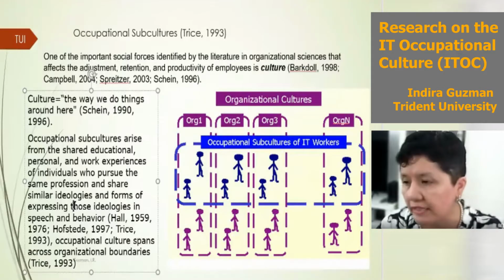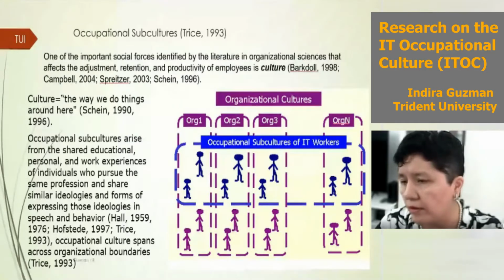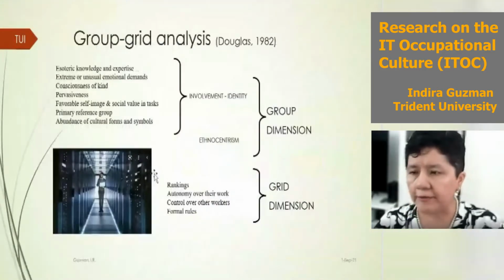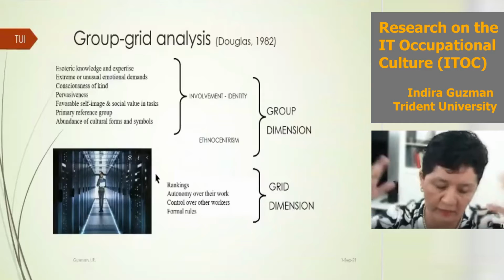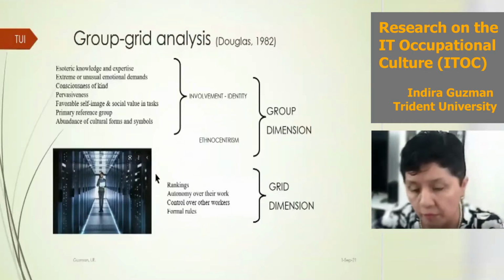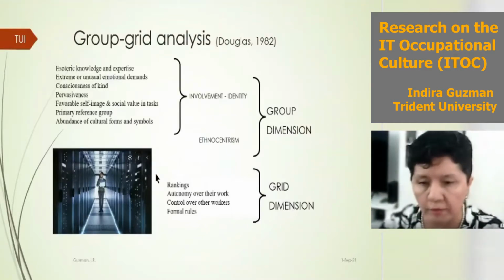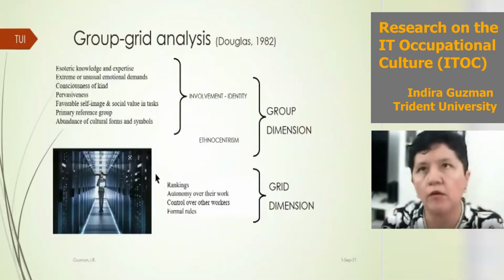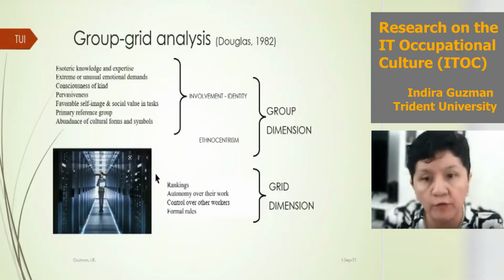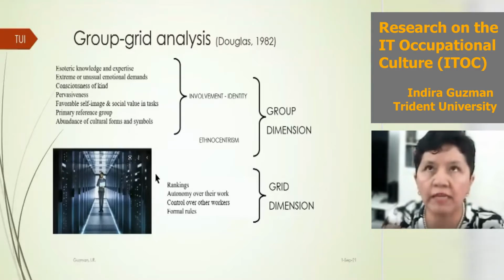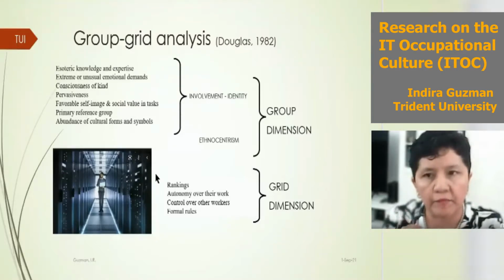And when we looked at this theory, Trice, again in his book, describes how subcultures form and are developed over time. It discusses the different group and grid dimensions, looking at the things that people have in common.